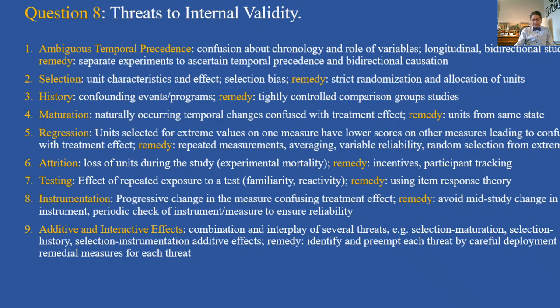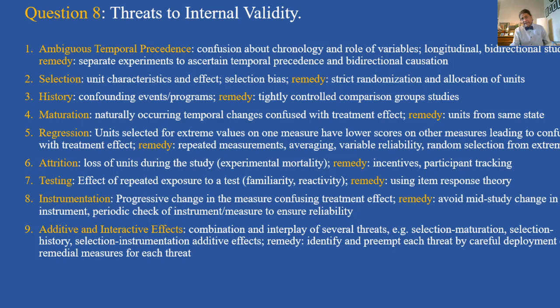There is a design called the Solomon 4 group design that can help identify the testing effects. A remedy can be using the technique of item response theory to calibrate each item in a test and then develop further specific remedies to reduce the threat of testing.